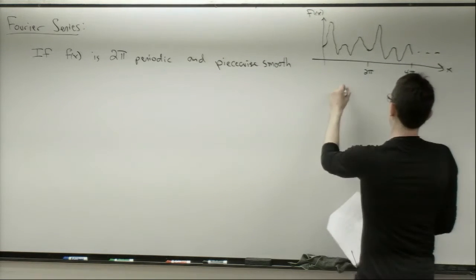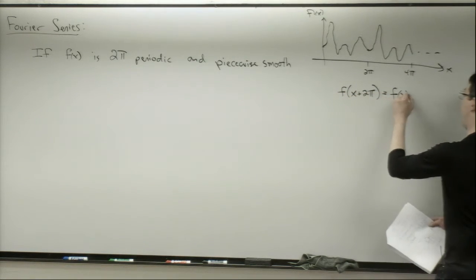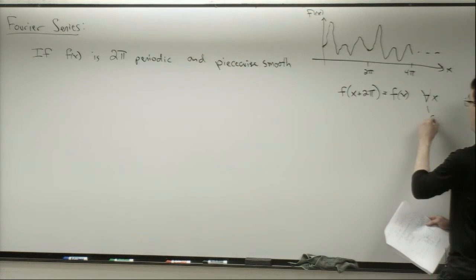So basically that means that f of x plus 2 pi equals f of x for every single x you can name, for all x.